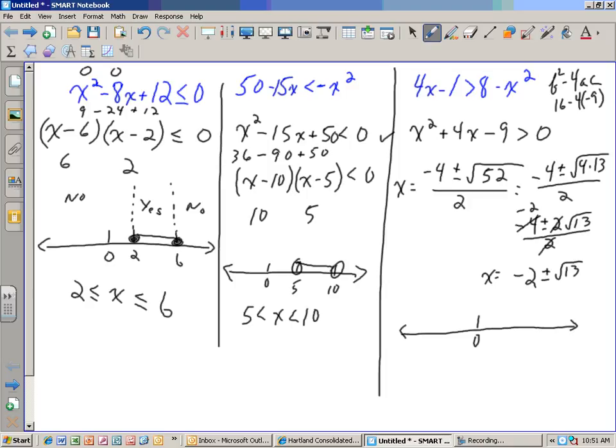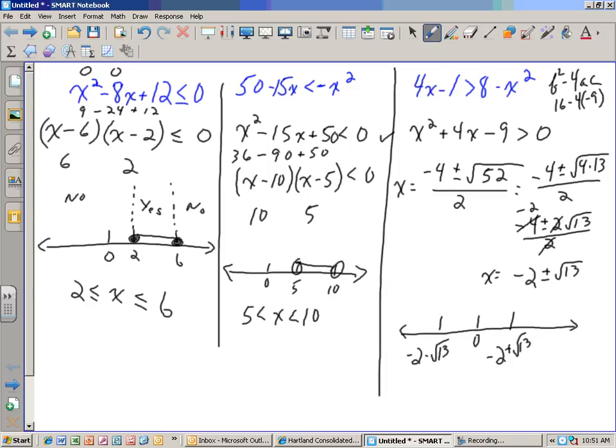Negative 2 plus 3 point something. So that has to be over to the right side here. So over here is negative 2 plus the square root of 13. And then over on the other side is going to be negative 2 minus the square root of 13, which is a negative number. And like I say, you don't have to get fancy with that.